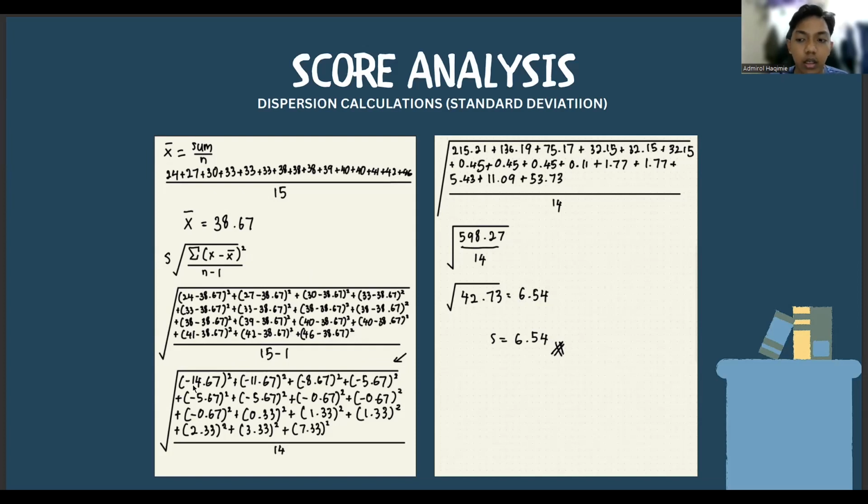There are 15 numbers that will be squared up, until we have the total number, which is 598.27, divided by 14, and the total answer is 42.73, and that will be the standard deviation, and the total answer is 6.54. That's all from me. Thank you.